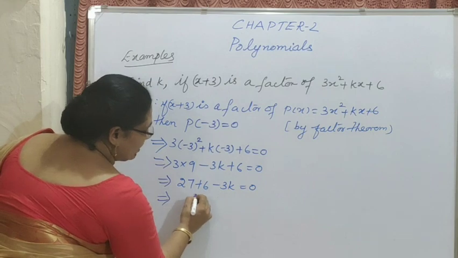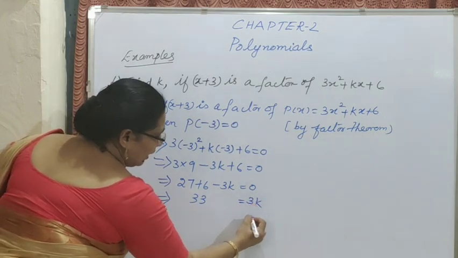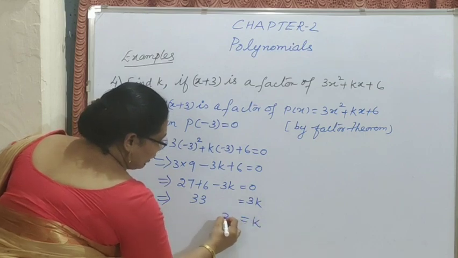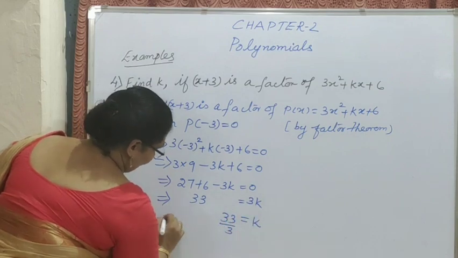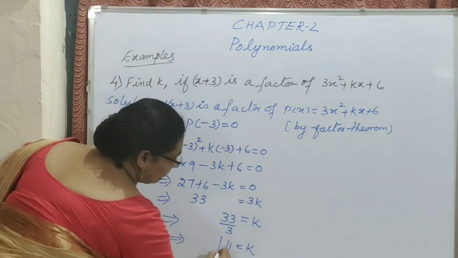So 27 plus 6 is 33. Minus 3k I am taking to this side. It is plus 3k. So k equal to 33 by 3. So this implies 11 equal to k.